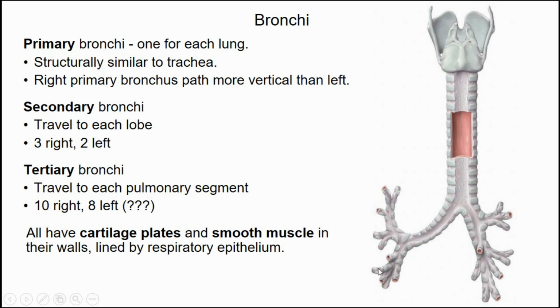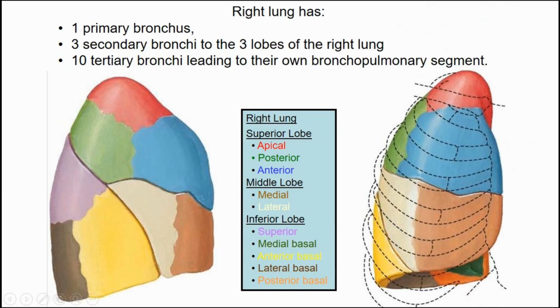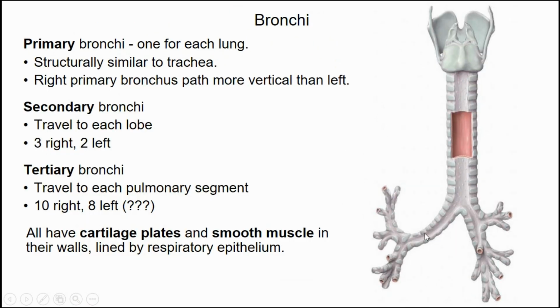Now, there are other divisions of bronchi, but we're going to leave it at first, second, and third because something interesting happens there. First off, let me back up just a tiny bit. Instead of cartilage rings, which we lose as we move from primary to secondary bronchi, we just have cartilage plates in the lumen. Now, at this point, we're not worried about the esophagus, but we still have cartilage there to hold the airway open.